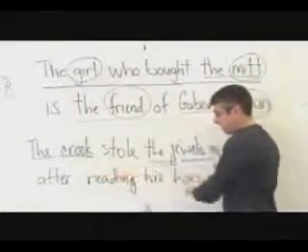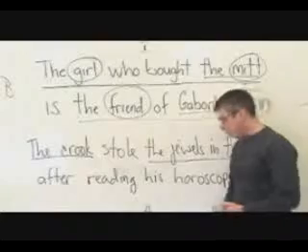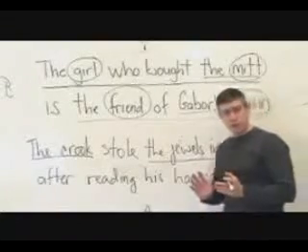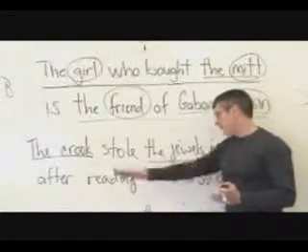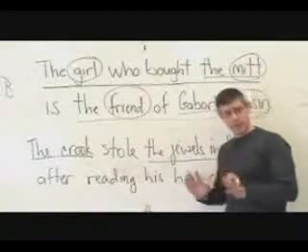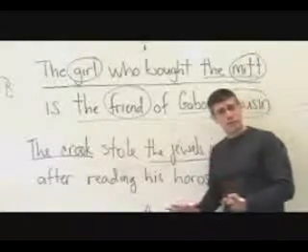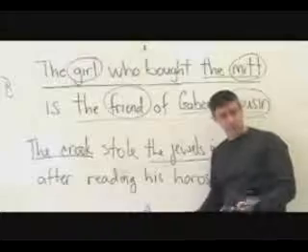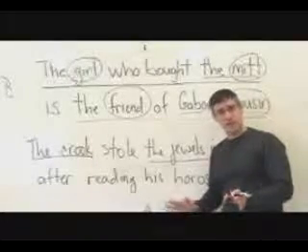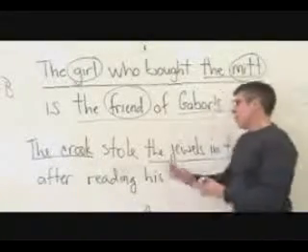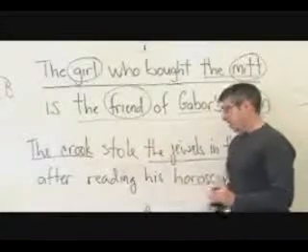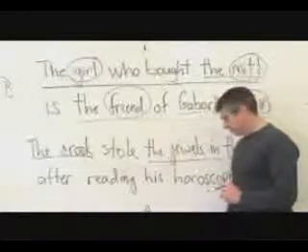And this thing, after reading his horoscope. Now, after is also a preposition. So after reading his horoscope is a prepositional phrase. Prepositional phrases can never function as nouns. They function only as adjectives and adverbs. But what is the object of the preposition after?